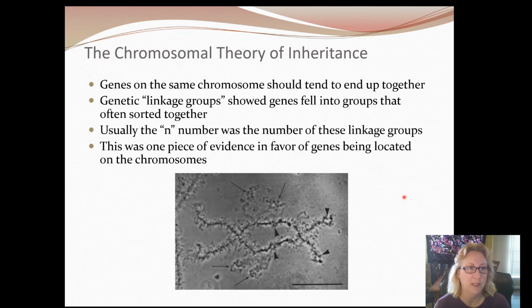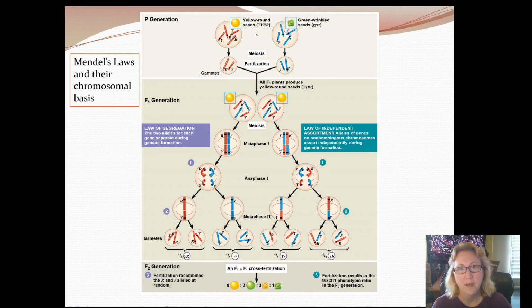So for example, in fruit flies, there are 4 pairs of homologous chromosomes and 4 linkage groups were found for the genes, as many new fly mutants were discovered. And for peas, the species that Mendel used, there were 7 linkage groups found, and peas have 7 pairs of homologous chromosomes. So this was another piece of evidence that, in fact, it's the chromosomes, but it's not direct evidence.